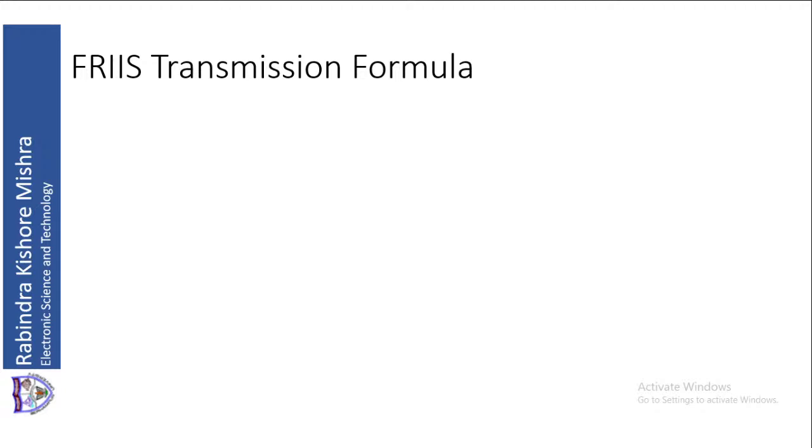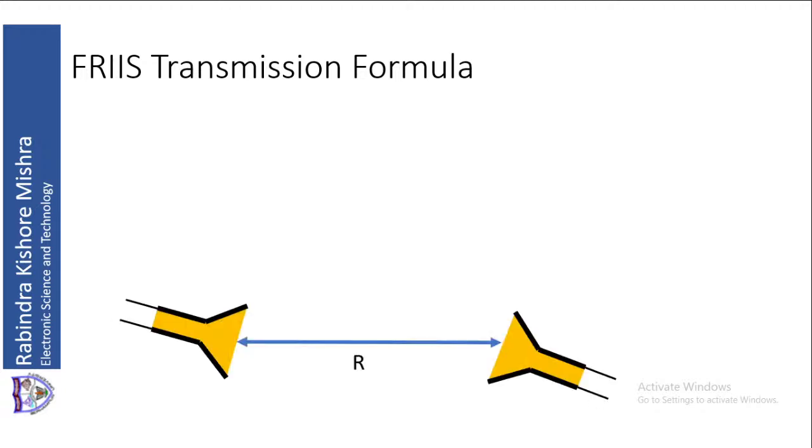And then we'll come to something called Friis transmission formula. Once we come to Friis transmission formula, then hopefully we'll stop for today and we'll look at the quiz examination today. Now, the Friis transmission formula is like this.